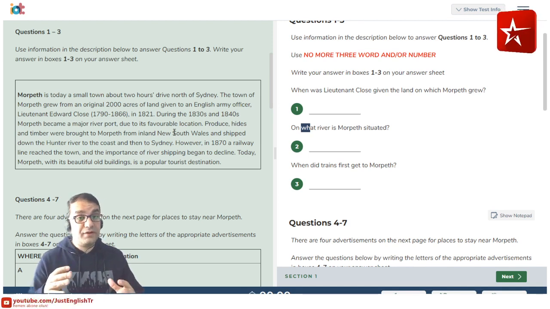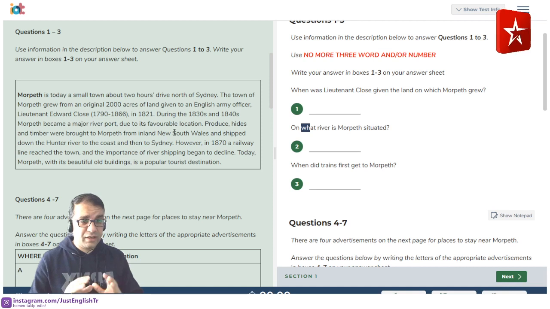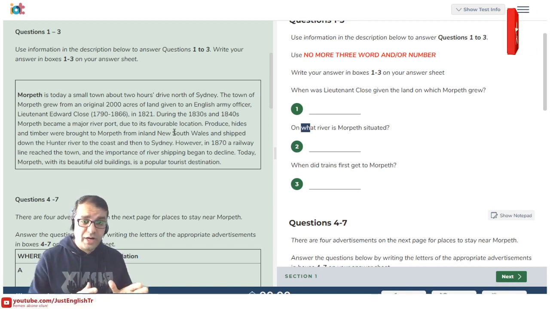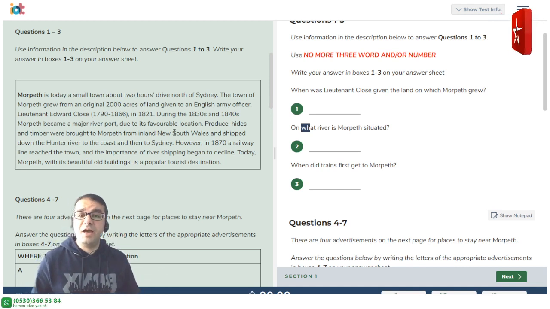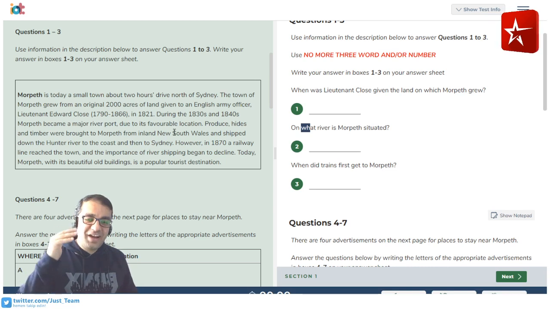We will follow the technique that we studied before. First, find the keywords in the question. Compare the keywords with the paragraph above me, find it, and then give the answer.